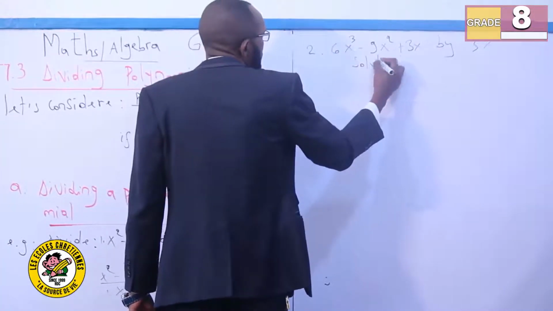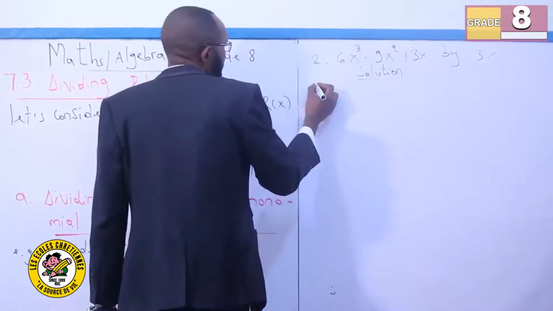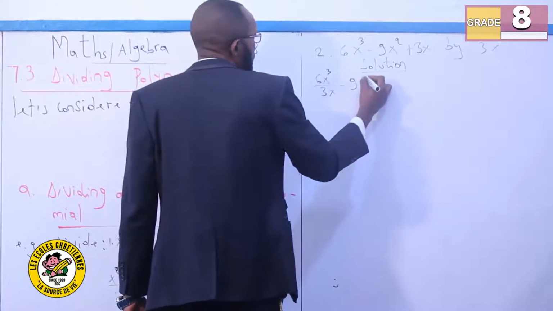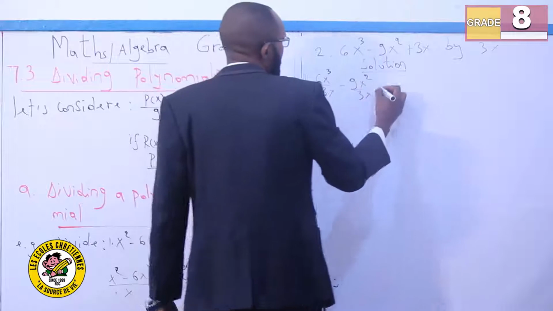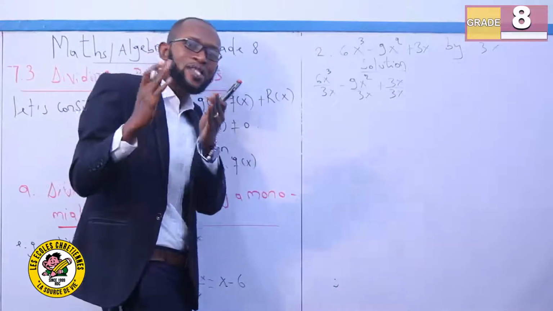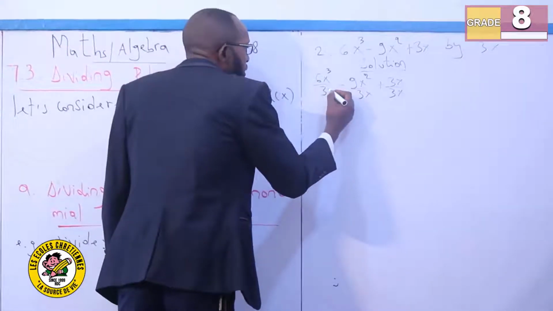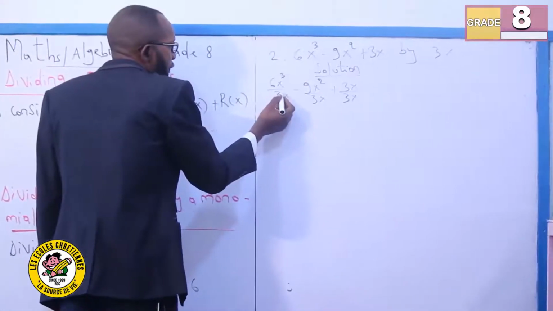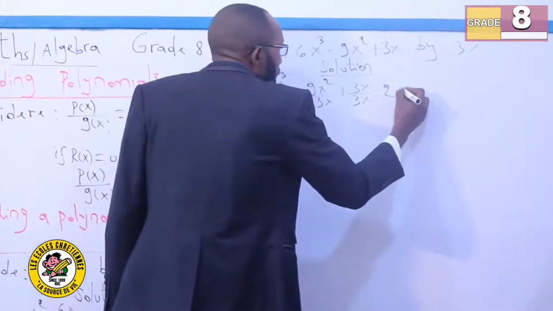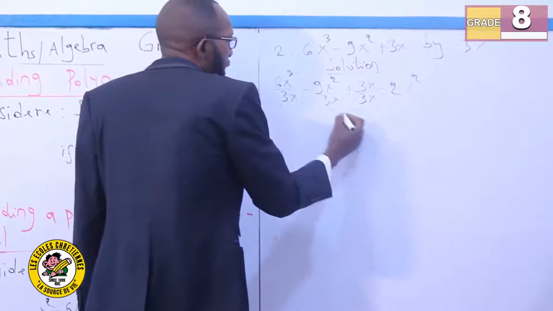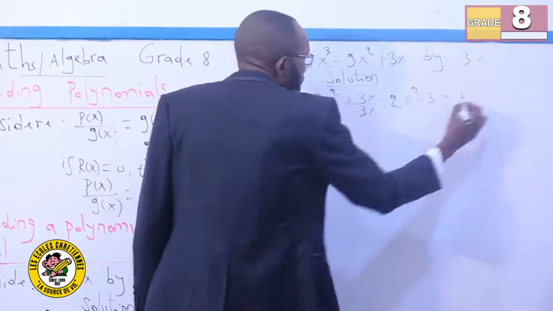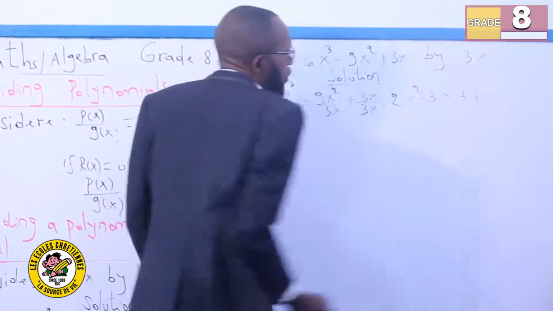You divide 6x cubed by 3x, minus 9x squared divided by 3x, plus 3x divided by 3x. Then we simplify: 6 by 3 gives 2, so we have 2x squared. Then 9 by 3 gives 3, and we have x. And over there, I have 1.